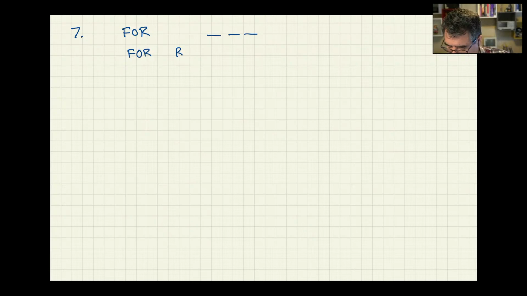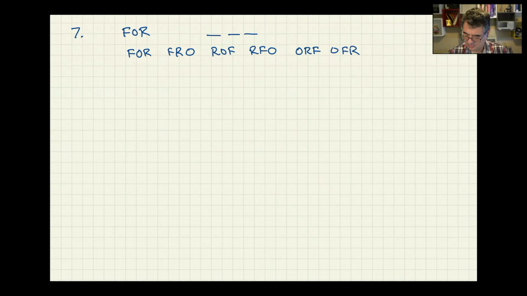Another would be F-R-O. And then R-O-F, and RFO, and then finally ORF and OFR. So there are 6 ways to rearrange all the letters of the word for. All we do is list them all out and then count them up.